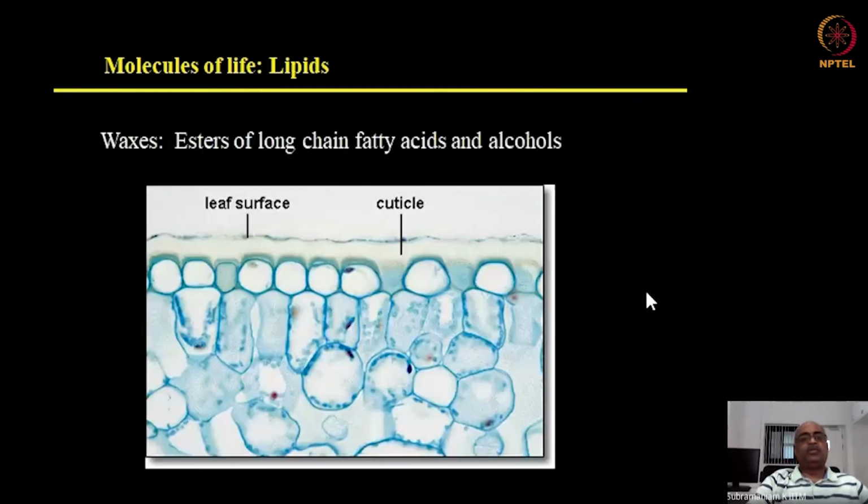The last group of molecules we are going to learn are the waxes. And waxes are extremely hydrophobic. They are simply long chains of fatty acids, with which we are already familiar, and assume another long aliphatic chain at the end.